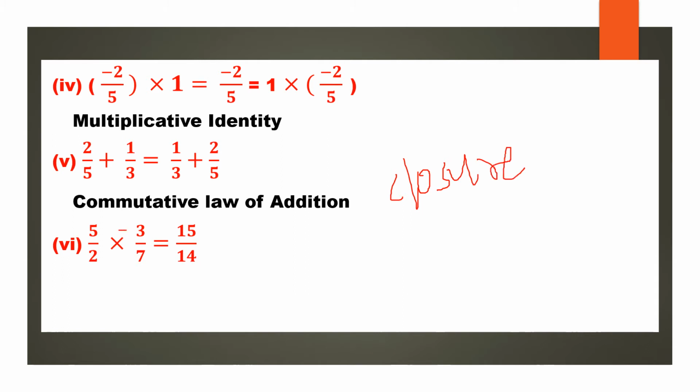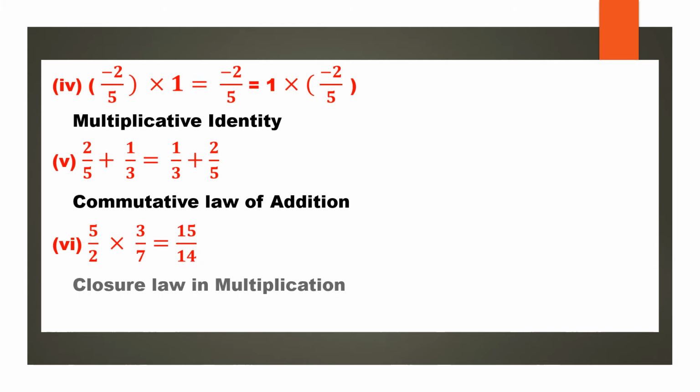Here it is into, so you should say closure law of multiplication or closure law under multiplication. Whenever just simplification is done, you should say the property as closure law. So let us go to the next question.